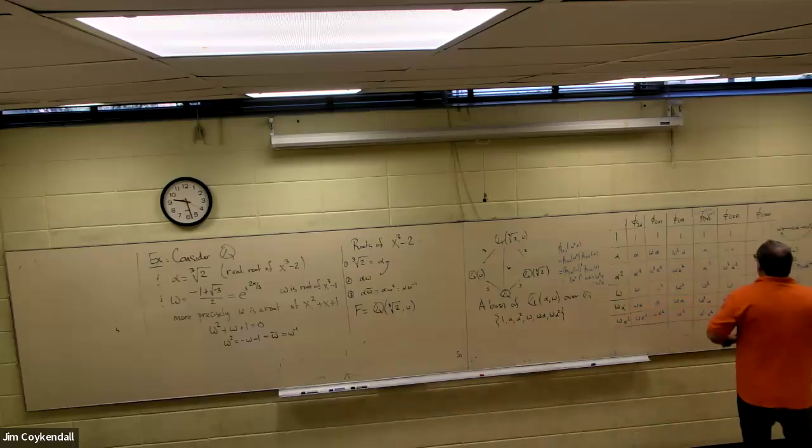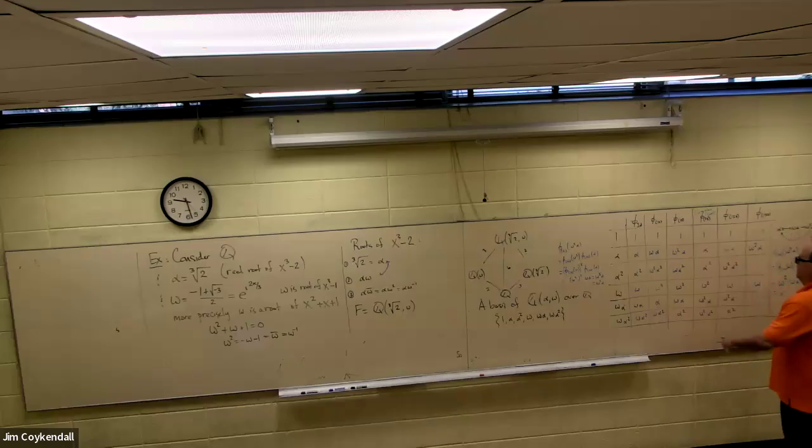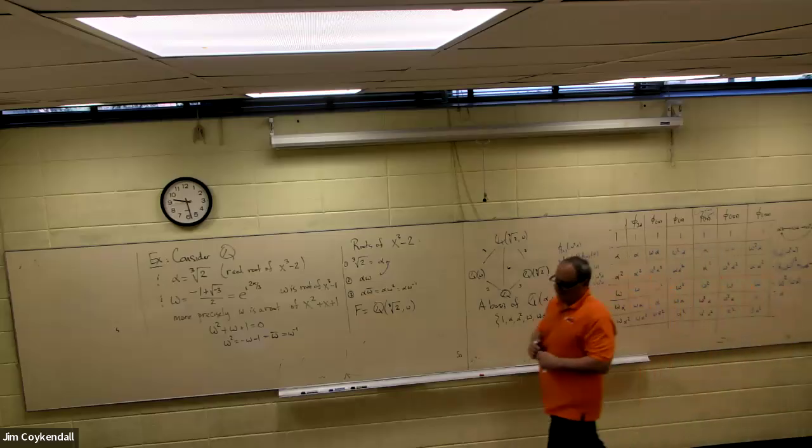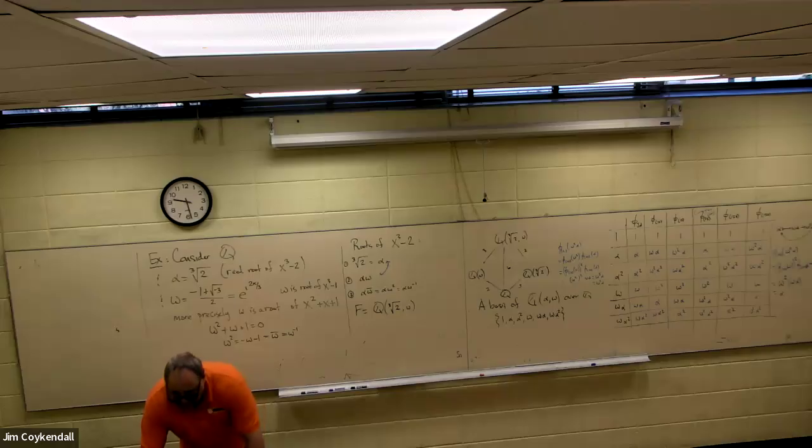So this has to be omega squared alpha and omega. And what this is going to give you is the square of this is going to be omega alpha squared. Then omega alpha, that's alpha, and omega squared alpha squared. Okay, any questions on that?